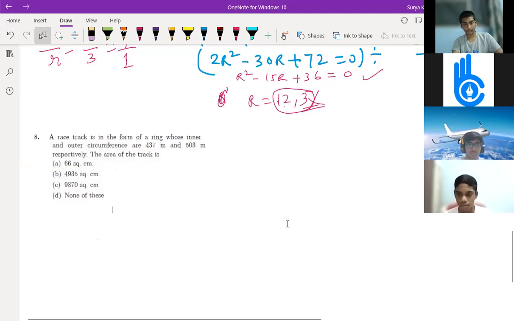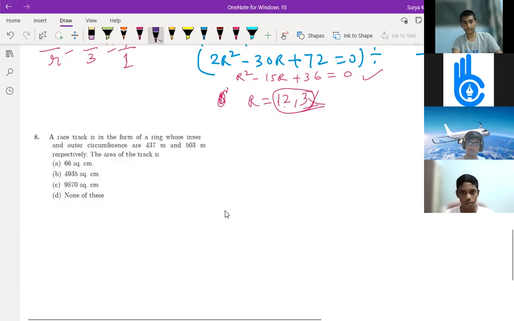Okay, see this question. A race track is in the form of a ring whose inner and outer circumference is 437 and 503. Area of the track is what? A race track is in the form of a circular ring.